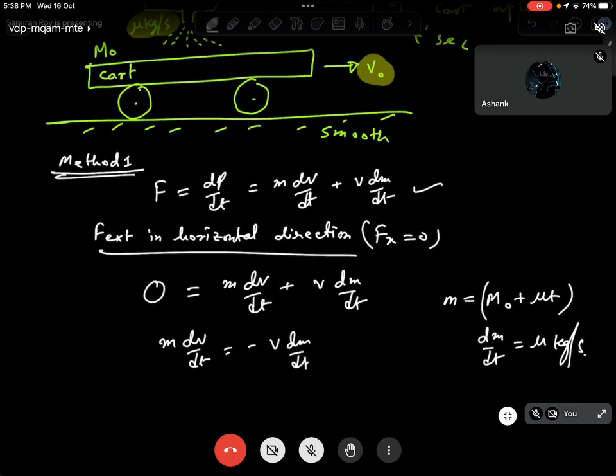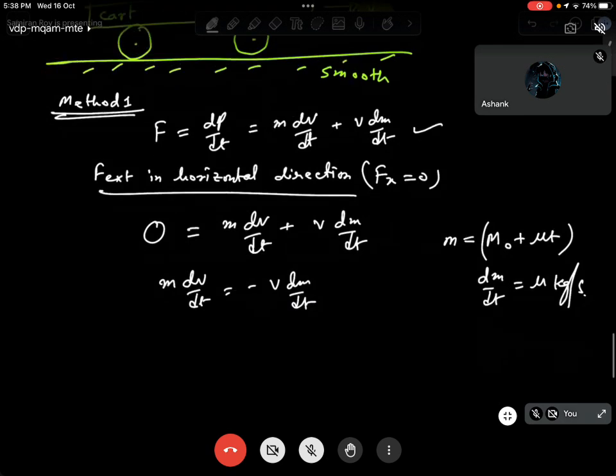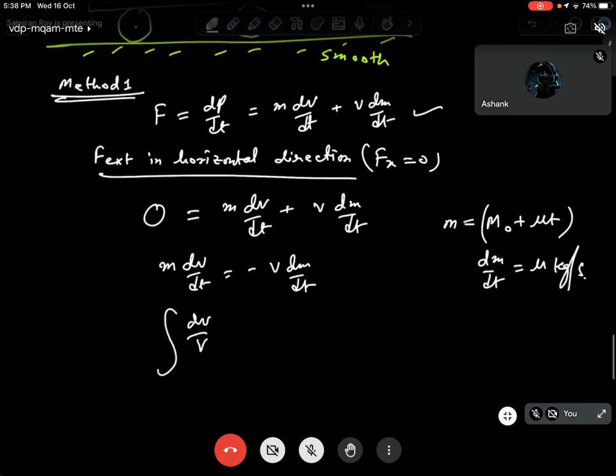Is that clear? So take v to this side: dv by v equals minus, dm by dt is mu, don't cancel dt.